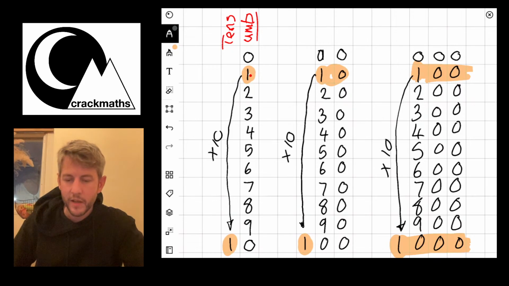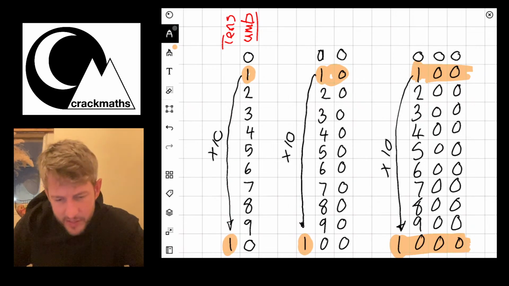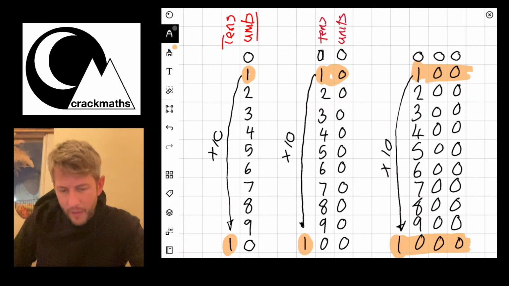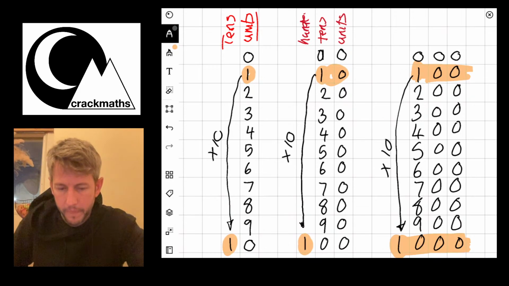So in other words, if the same digit appears in this column as in this column here, it's 10 times as big, okay? So here we've got our units again, we've got our tens, and we've got our hundreds, okay?